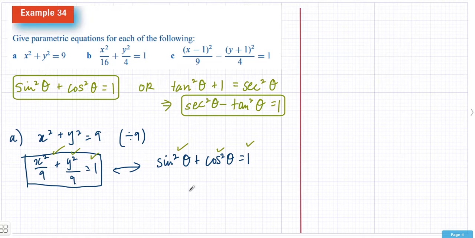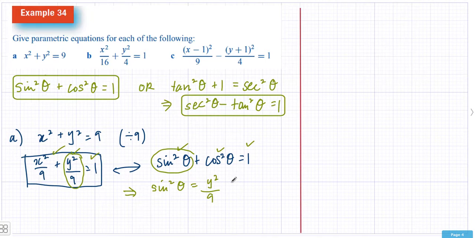Now generally if we're dealing with parametric equations, we tend to link the sine with the y, because that's historically the up and down, and the cos with the x. So we're going to say the sine squared theta part of this is going to be that. So sine squared theta is equal to y squared on 9.